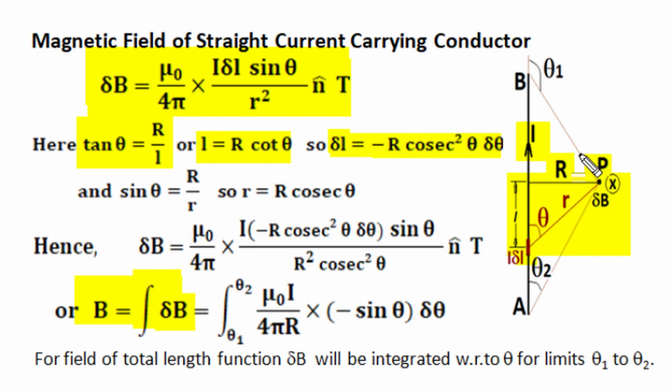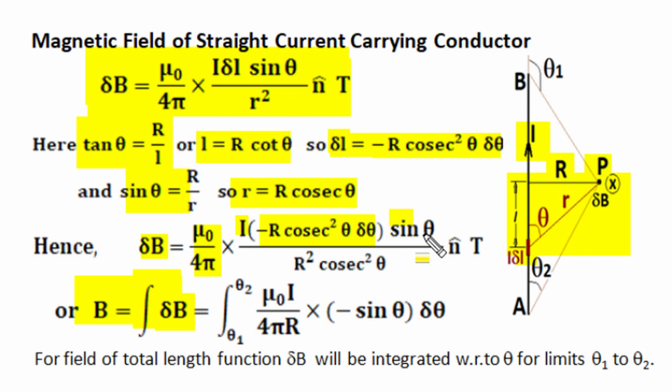Similarly, in the same triangle, sin theta is perpendicular upon hypotenuse and small r is R cosec theta, and we can substitute small r in terms of capital R and variable theta. So the elemental magnetic field contribution now becomes mu 0 upon 4 pi. I is the same, and in place of delta L we have written minus R cosec square theta d theta.